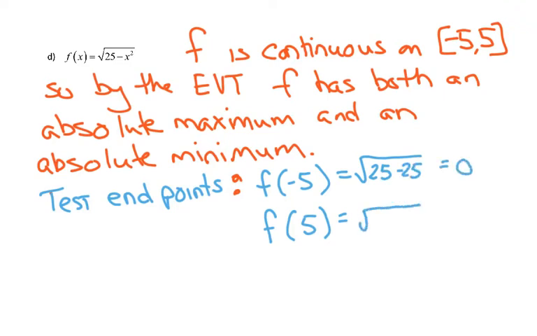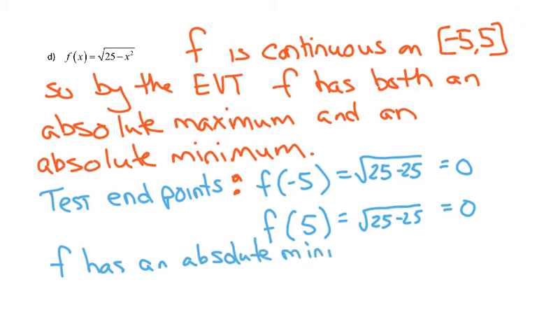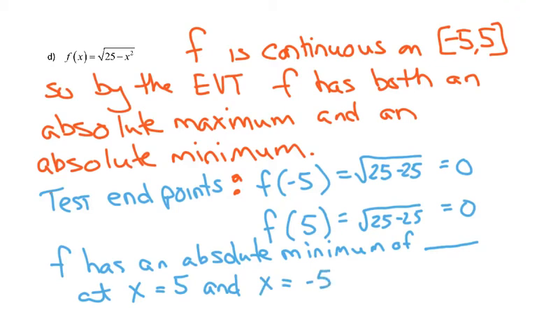And if you square 5, isn't that 25? So f has an absolute minimum of blank at x equal 5 and x equal -5. So the value is 0, and it happens at 5 and -5.